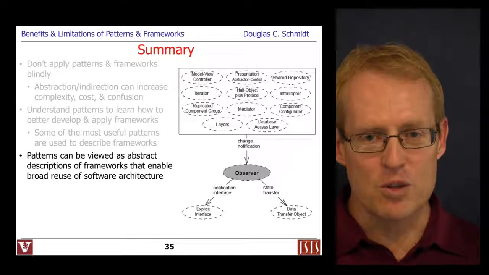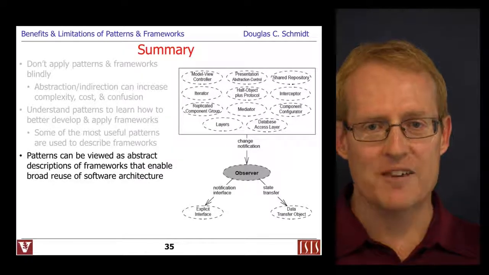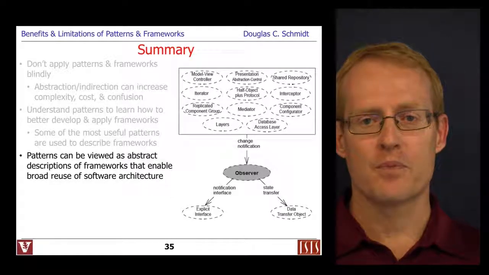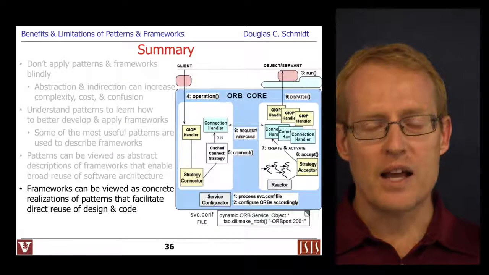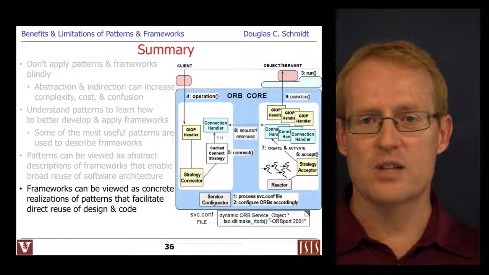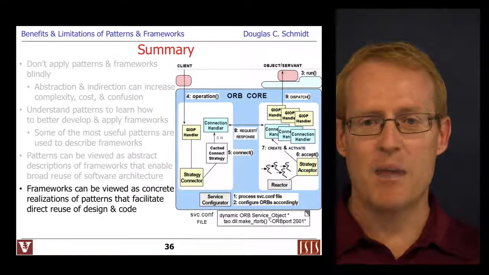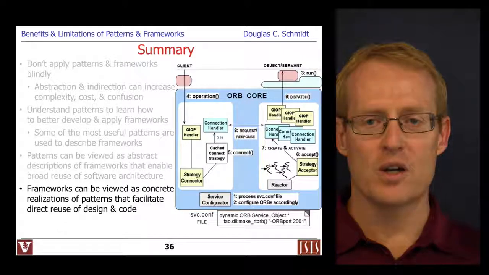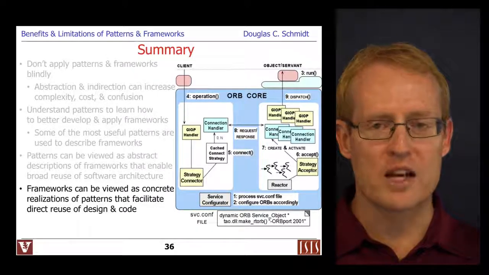And patterns do a great job of being able to identify and justify why those interactions occur. Likewise, frameworks can be viewed as concrete realizations of patterns, or more likely, pattern languages that facilitate direct reuse of detailed design and code. So you can see why these two techniques work together so effectively.